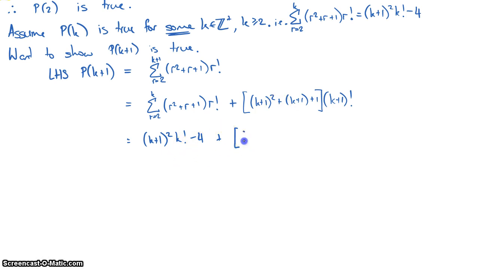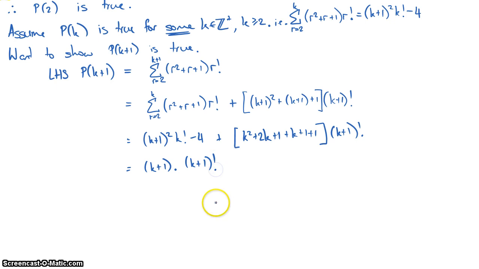That's going to be k squared plus 2k plus 1 plus k plus 1 plus 1, times (k plus 1) factorial. Okay, does that help me at all? Yes and no. What have I got in common? Well, I've actually got k factorial in common with both. In fact, I've got more than k factorial in common. Are you okay that I can write this term here as (k plus 1) times k plus 1 factorial?